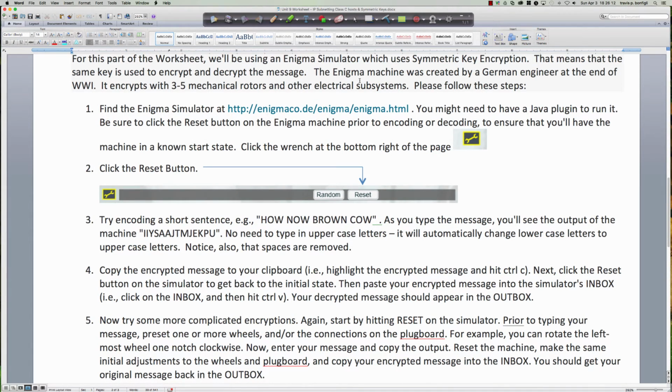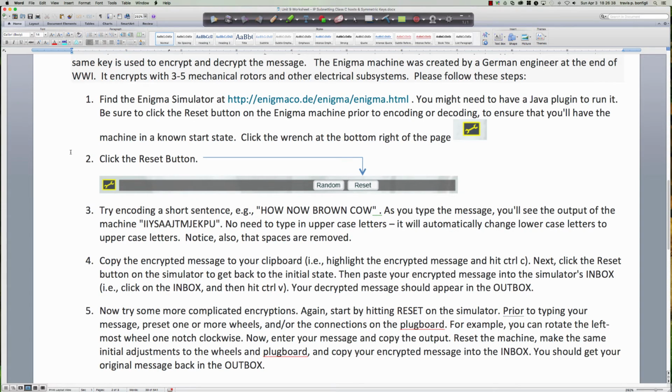And if you haven't seen the movie with, I think his name is Benedict Cumberbatch, the guy that plays Sherlock Holmes, I don't know if that's his first name or not. But anyway, it's a very, very good movie that's all about the Enigma machine, with him playing Alan Turing and how he came up with the machine to crack the Enigma code.